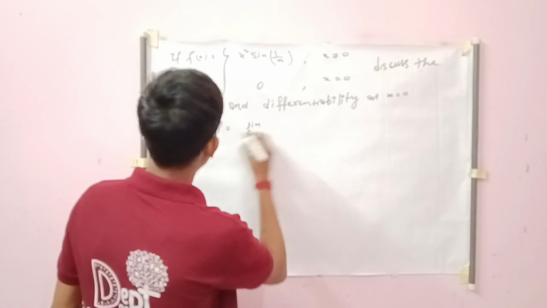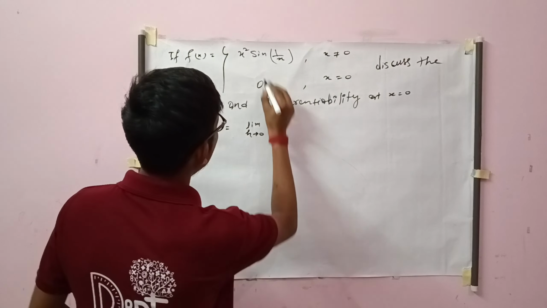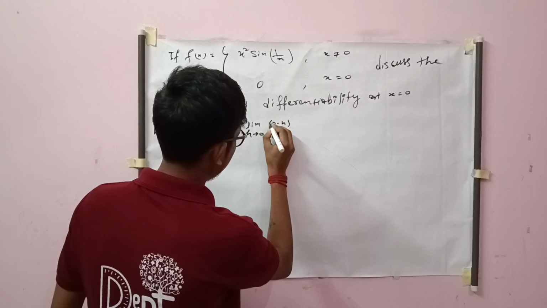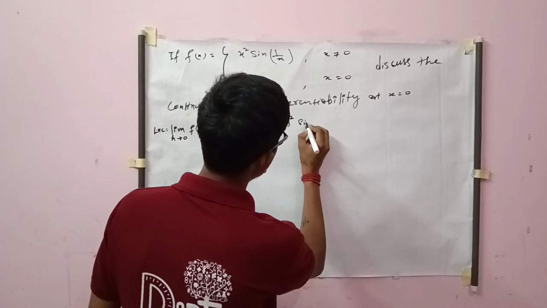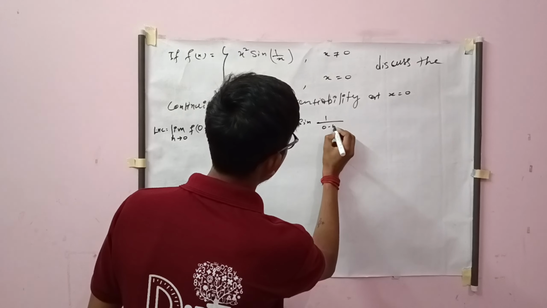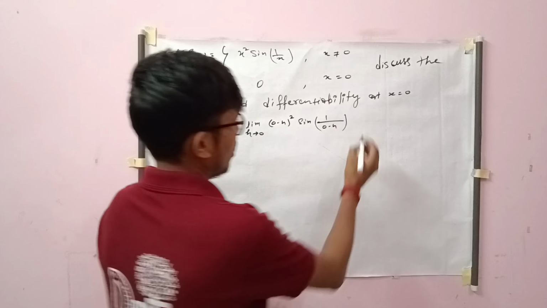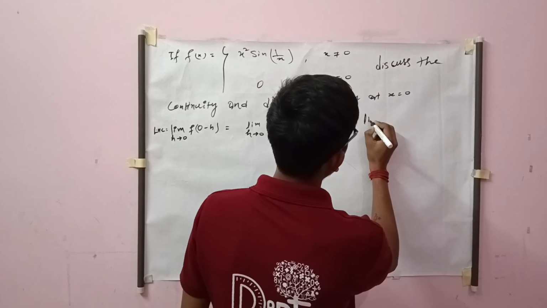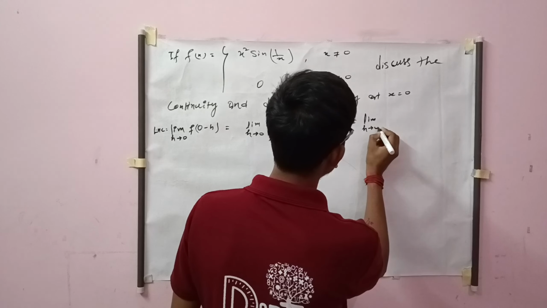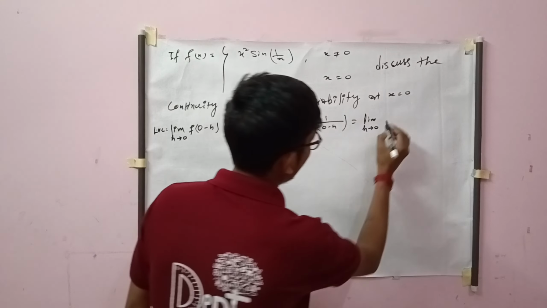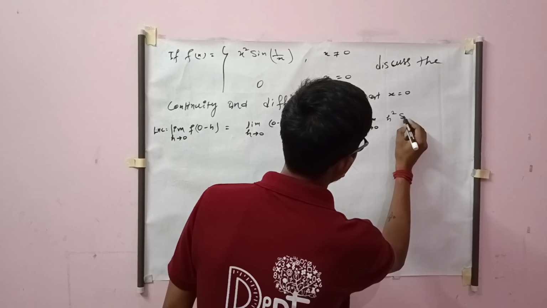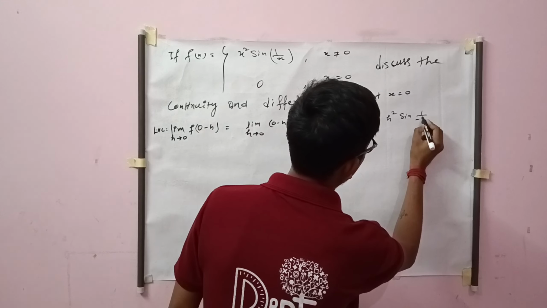Now f of 0 minus h is (0 minus h) square into sine 1 upon (0 minus h), which we can write as limit h tends to 0 of h square sine 1 upon minus h.